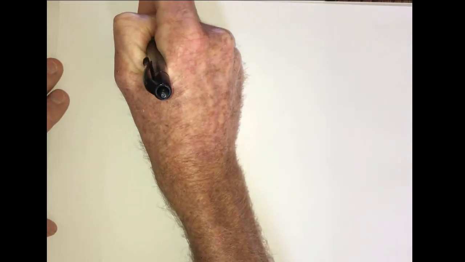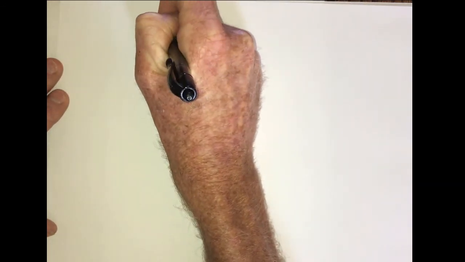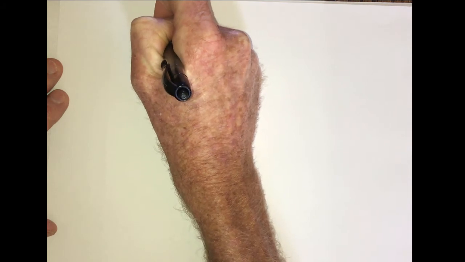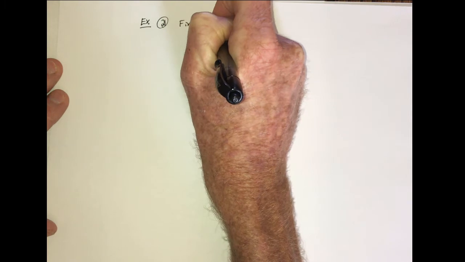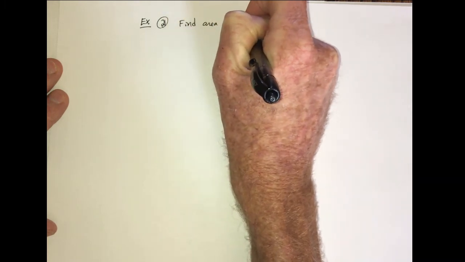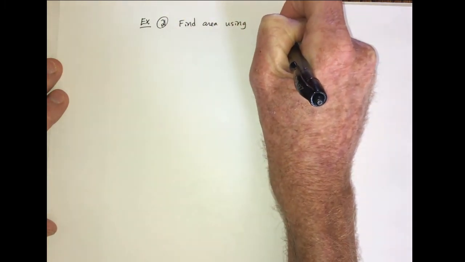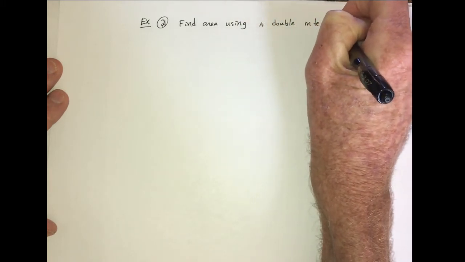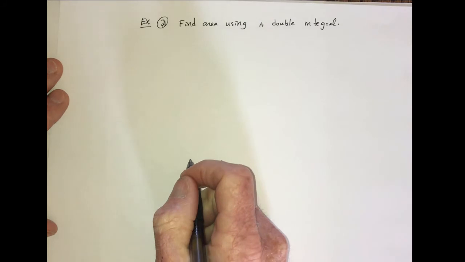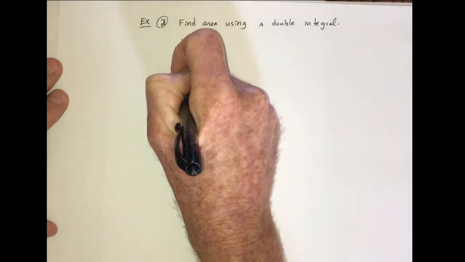So for example number 2. Find the area using a double integral. And then this is the area that's being talked about.